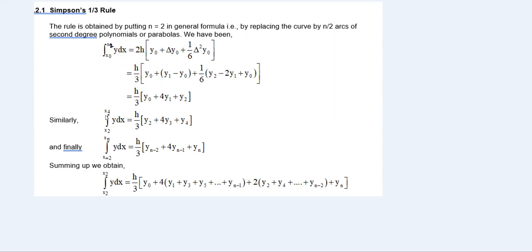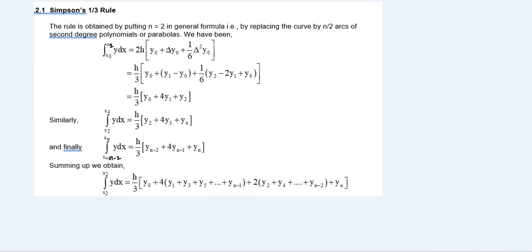Then x2 to x4 will be h by 3 times (y2 plus y4 plus 4y3). Then x(n minus 2) to xn, the integral of y dx is h by 3 times (y(n minus 2) plus yn plus 4y(n minus 1)).